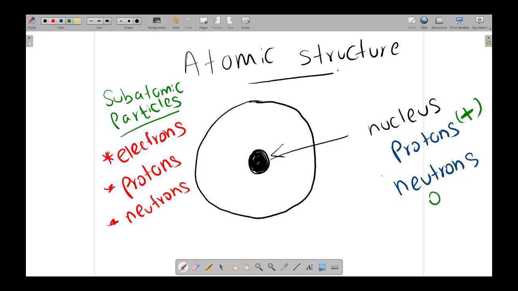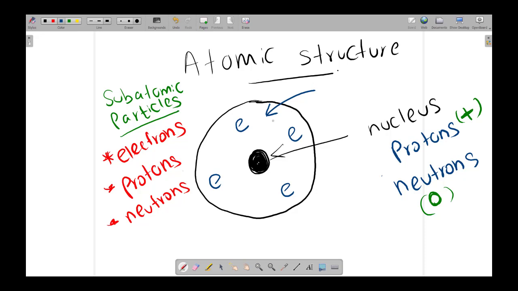It means there's no charge, zero charge. And electrons are inside this electron cloud. We can annotate them for the easiness of writing: electrons as simple E, protons as simple P, neutrons as simple N.